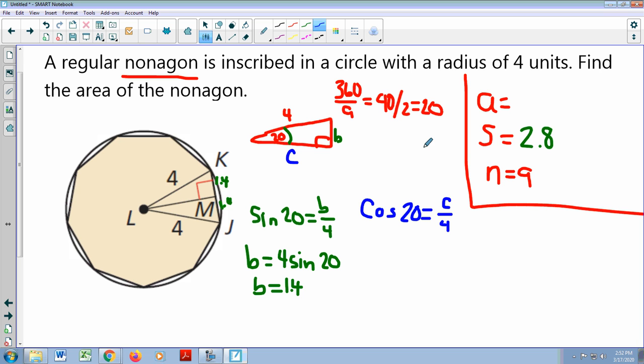Throw the 4 in front of the bus. So 4 cosine 20 is 3.8. So my apothem here is 3.8.